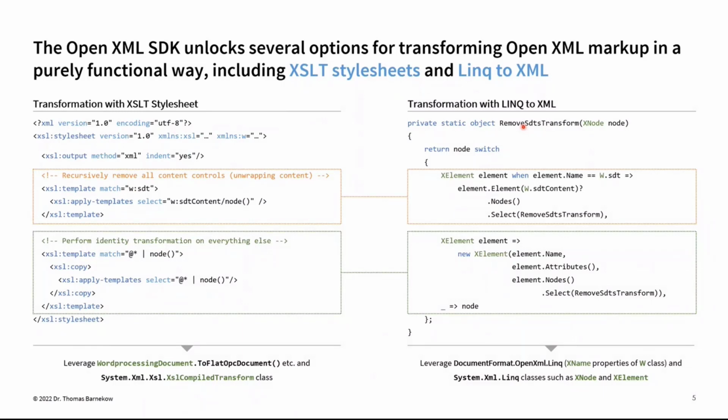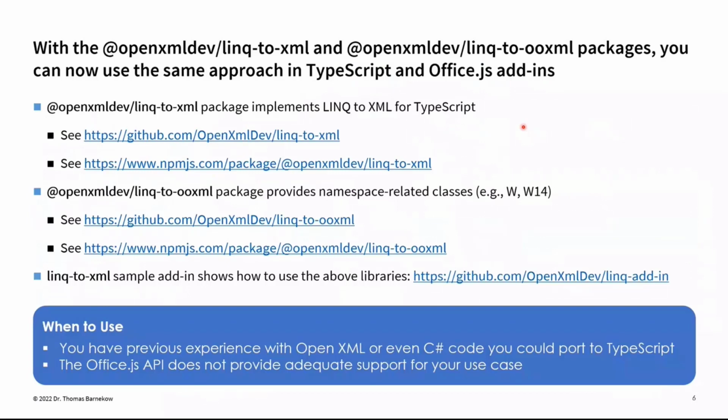And the good news now is that you can do pretty much the same thing, with just the language-specific changes of uppercasing versus lowercasing, for example, of certain property names or function names and so forth. So you can do the exact same thing now in TypeScript, on the client side in an Office.js add-in. What is used for this purpose would be the libraries that are already mentioned.